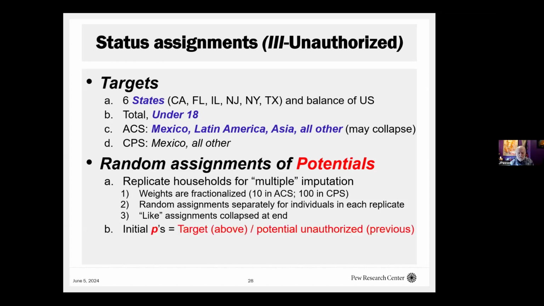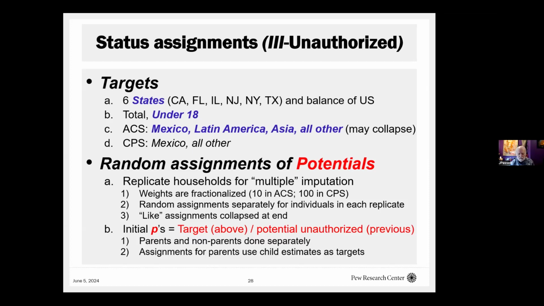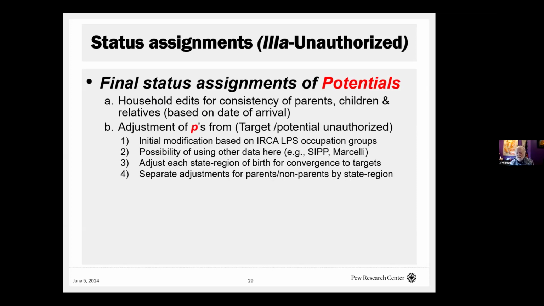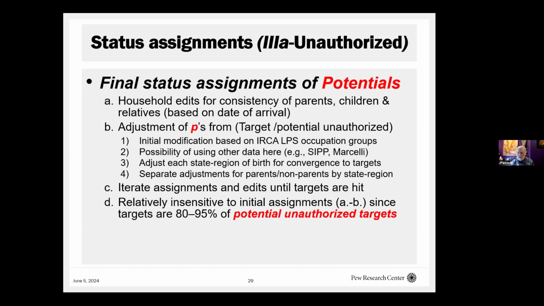Our initial probabilities for assigning people are basically the targets that we have, the demographic targets, divided by the potential unauthorized immigrants. And we go through, we do parents and non-parents separately so we can align children. And then we edit the data and we iterate, we adjust the probabilities and do some iterations on this until we hit our targets.